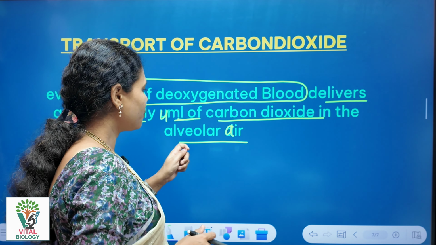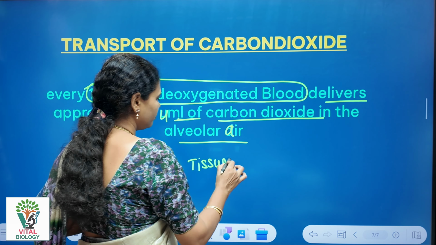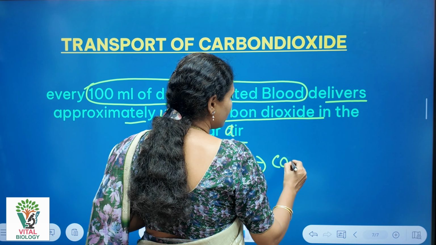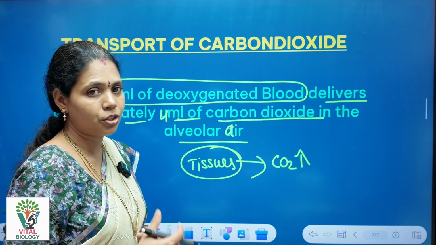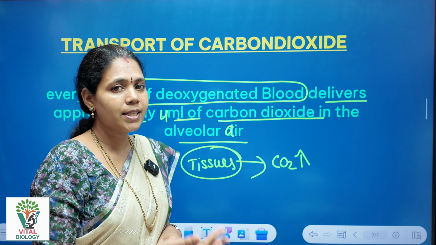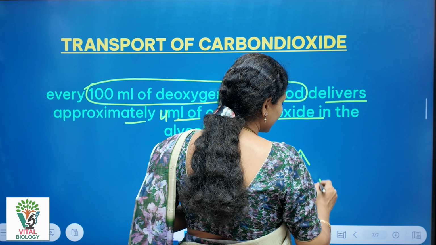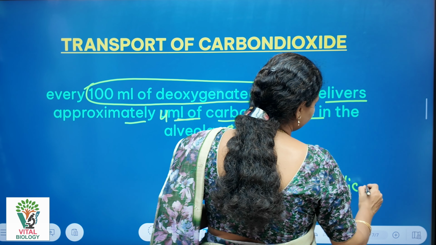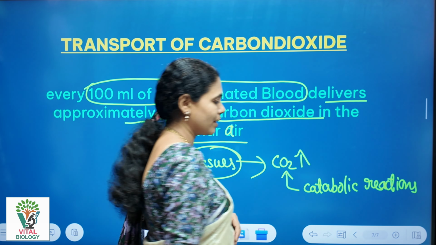We also have to focus that in tissues, as we said, the carbon dioxide levels are more when compared with oxygen, as oxygen is already utilized by the cells and carbon dioxide is released. From where is this carbon dioxide released? As a result of catabolic reactions.